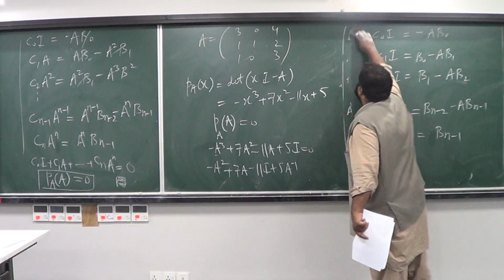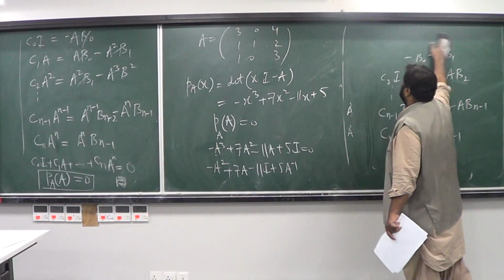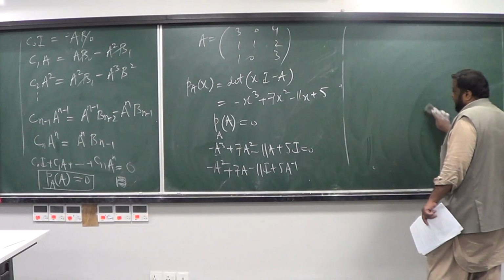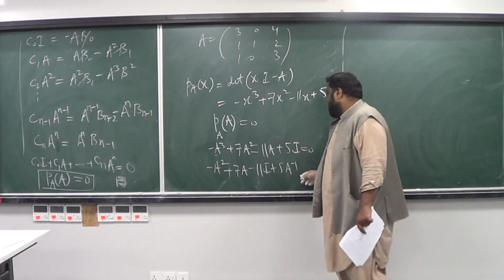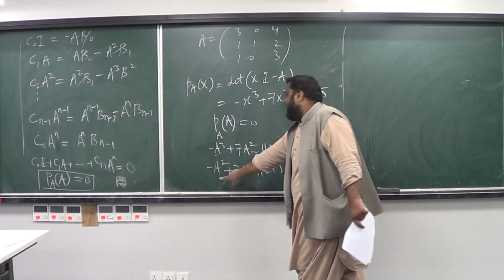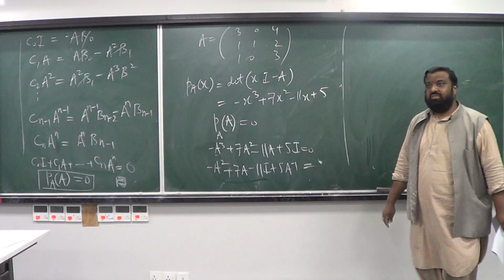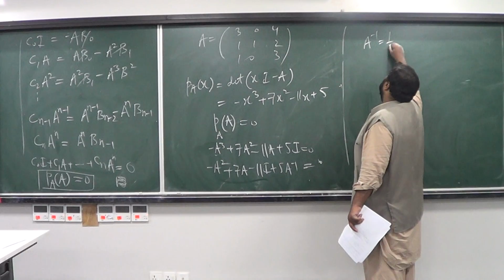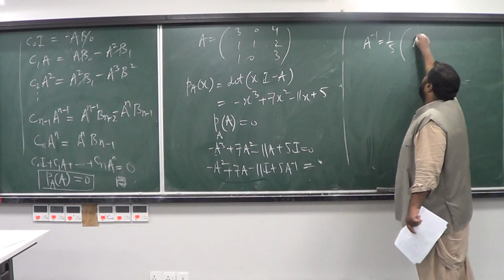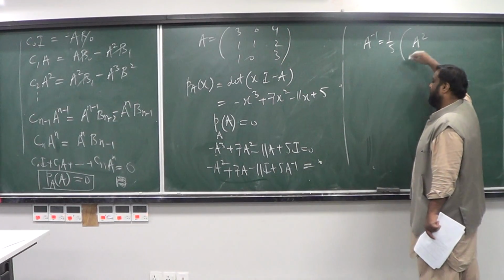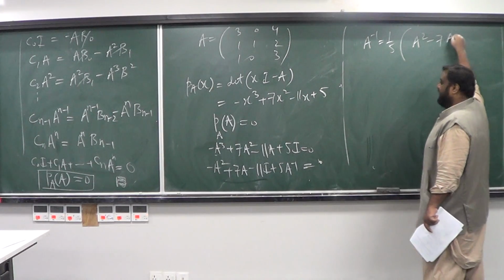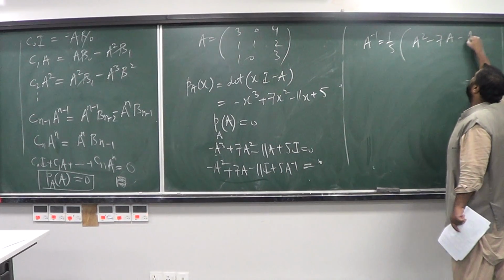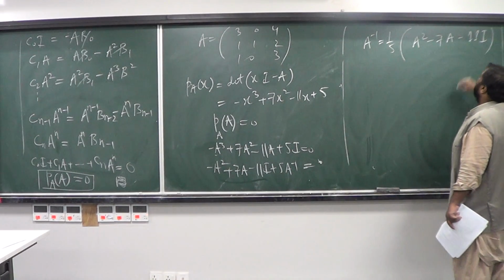And hence, here is the interesting thing: I can explicitly compute the inverse of the matrix using the higher powers of the matrix. In other words, A inverse is going to be 1/5 of A squared minus 7A minus 11 multiplied by the identity matrix.